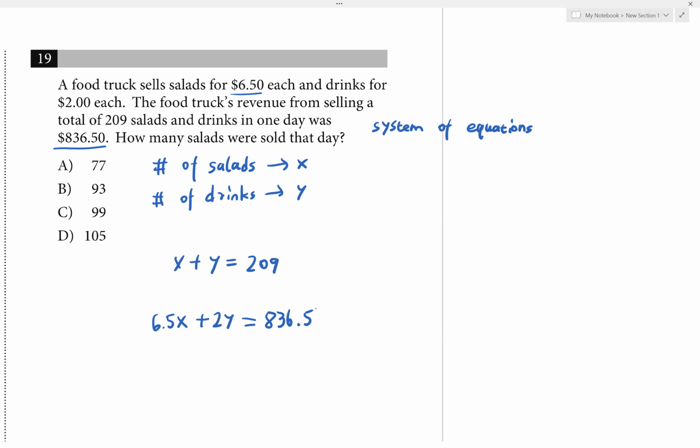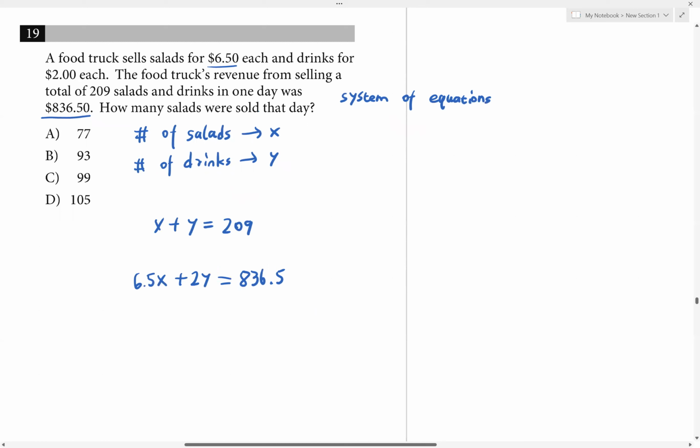There is more than one way to solve this system of equations. You can do either substitution or elimination, but for this one, I think we can do elimination. If you want to eliminate the Y, for example, we can multiply the first equation by -2.